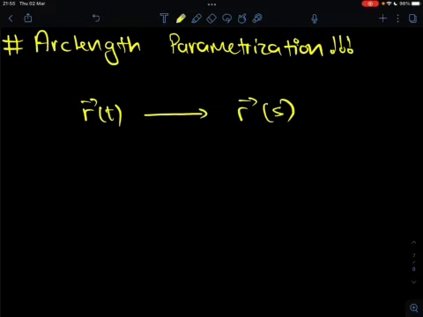So now we'll see exactly how one can change the parameter of a space curve from being t into being the arc length s. You see that? So in order to do this, we should now recall the following.